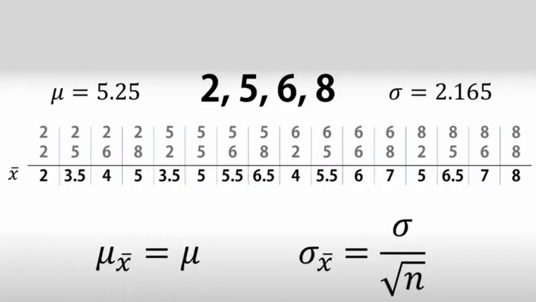In a sense, the mean of the sample means will always equal the population mean, and the standard deviation of the sample means, also called the standard error of the mean, will equal the population standard deviation divided by the square root of n.